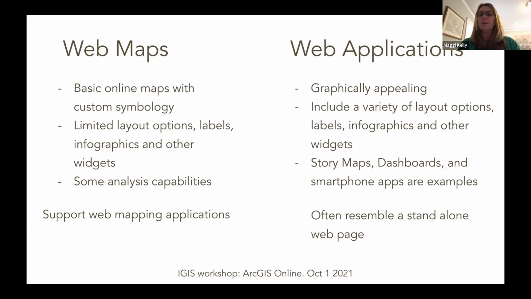And these often resemble a standalone web page. It's something you can send to your collaborator and go, here's your data. Play around with it, zoom in, zoom out, turn stuff on and off. But you've controlled all of that. You've made how the user can interact with that web app possible.